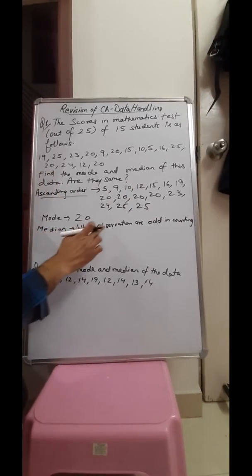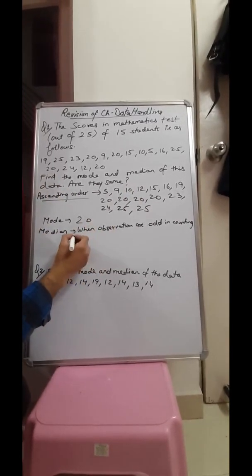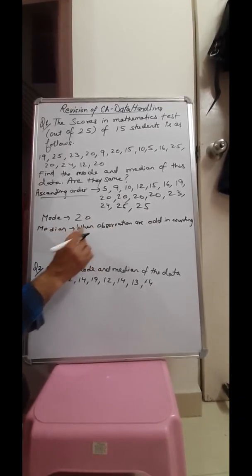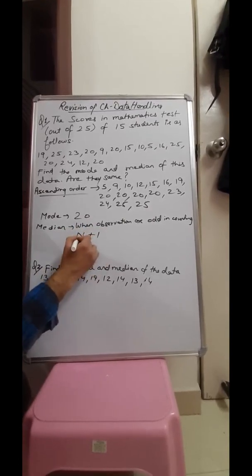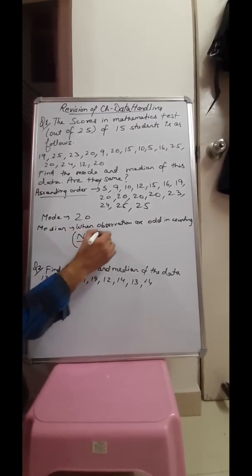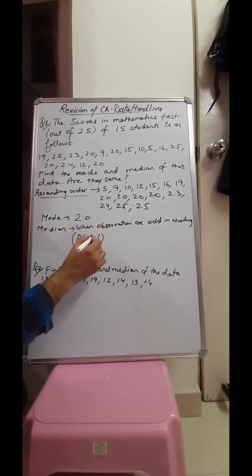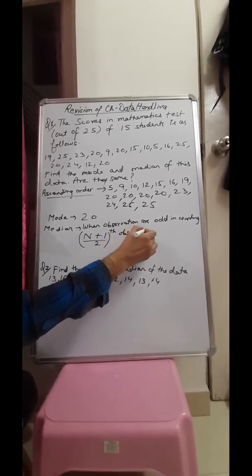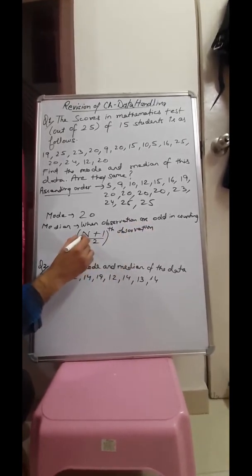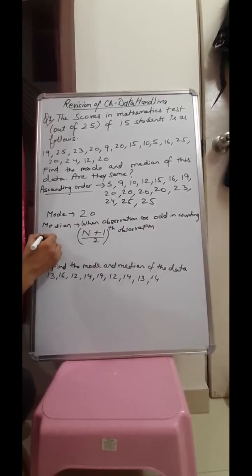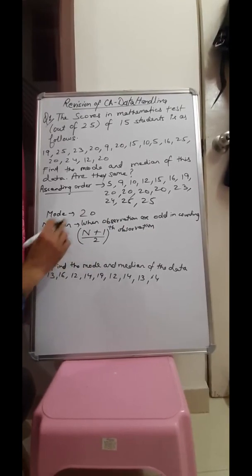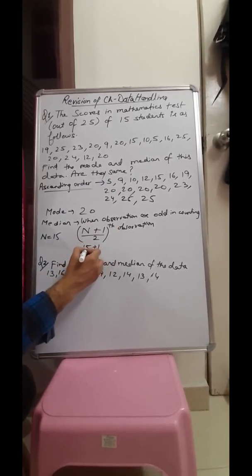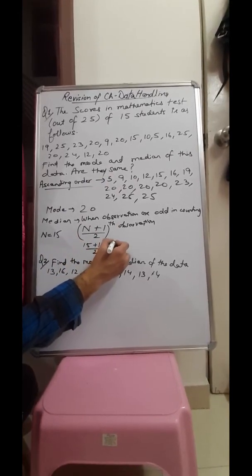When the observations are odd in counting, the formula to find out the median will be n, that is the number of observations, plus 1 upon 2, the (n plus 1) upon 2 th observation. So n you are going to consider as 15, because here observations are 15. So 15 plus 1 divided by 2 gives you 16.